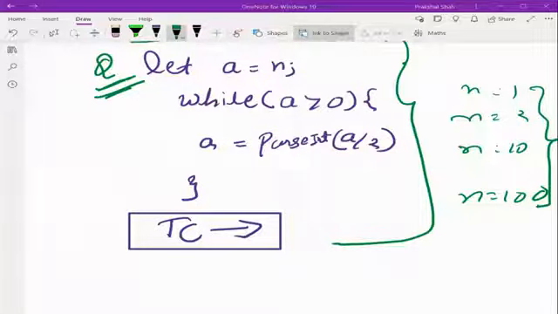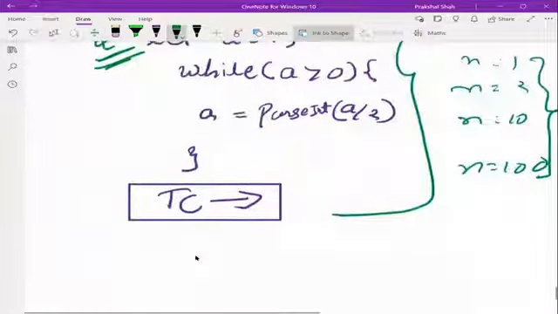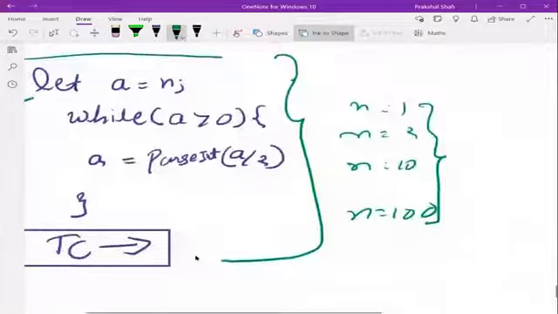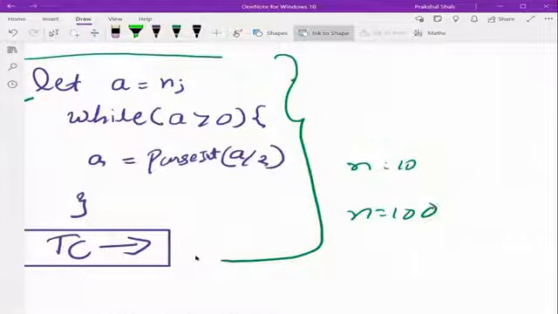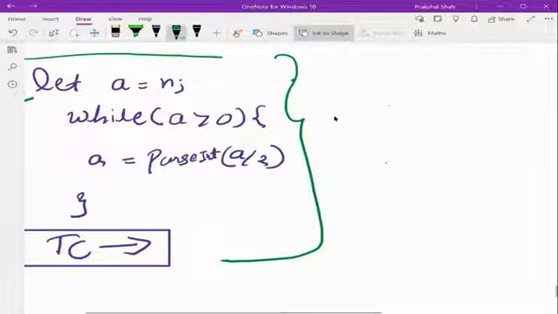See, if you know some basic math, let's do one thing. Take an example of n equals to, I told you to take some examples, right? So here we are doing a half operation, so n equals 16 we take.